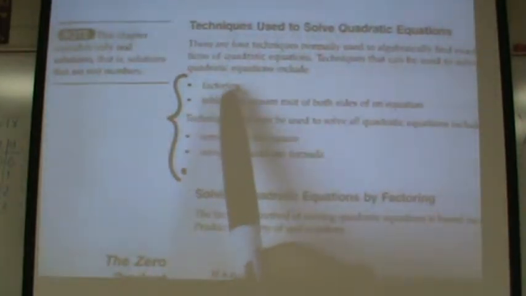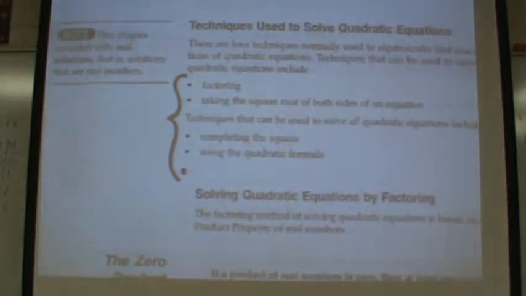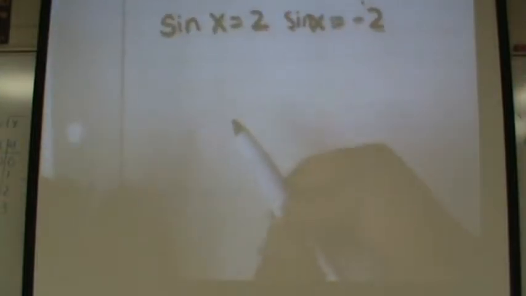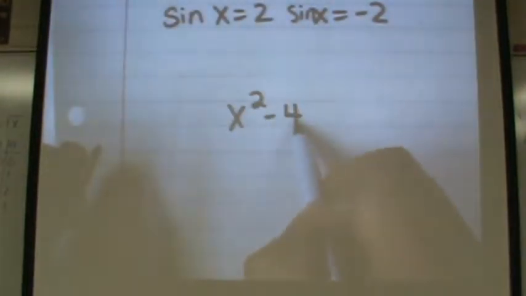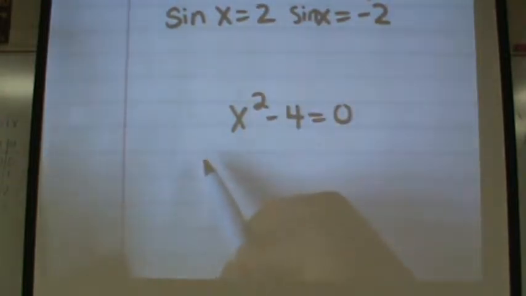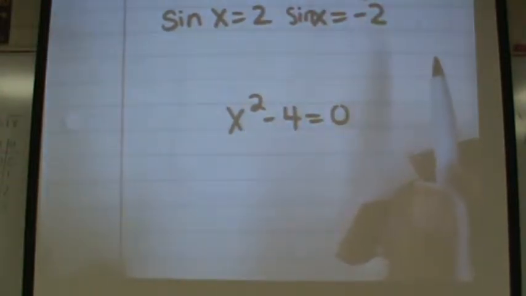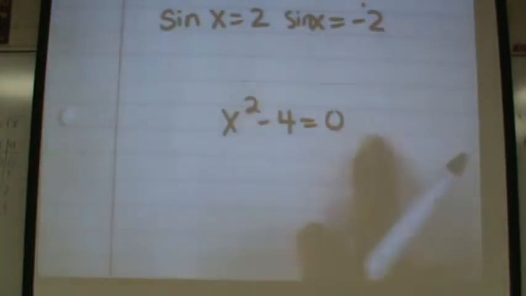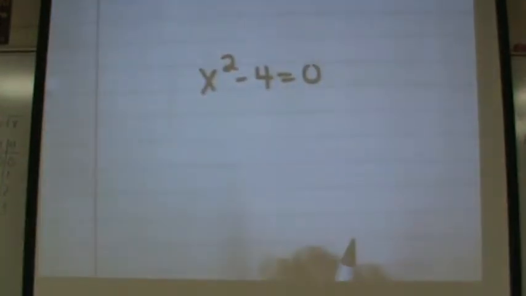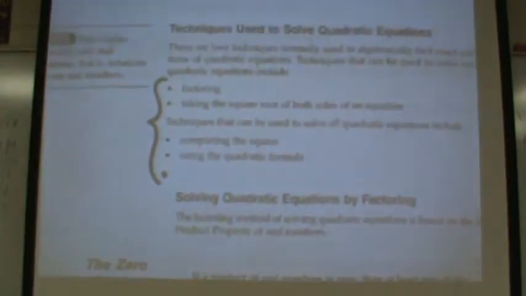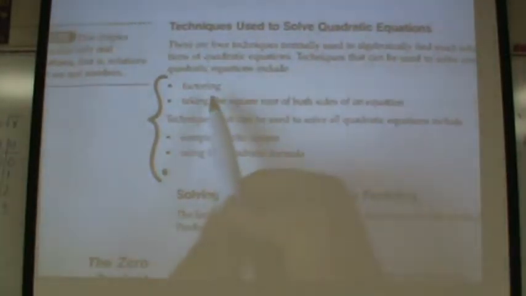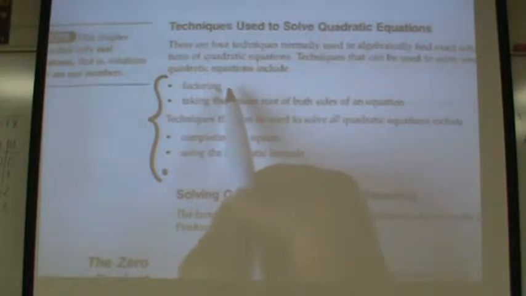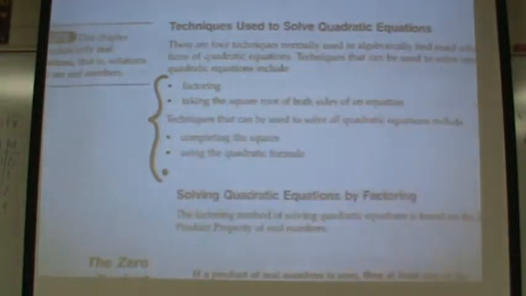The 2 easiest ones for you are simply factoring, like the x squared minus 4. That's a simple factoring. You said 2 and negative 2, right? You could have also taken the square root of both sides like you said. So you're right, the first set of problems you're going to practice is simply factoring.